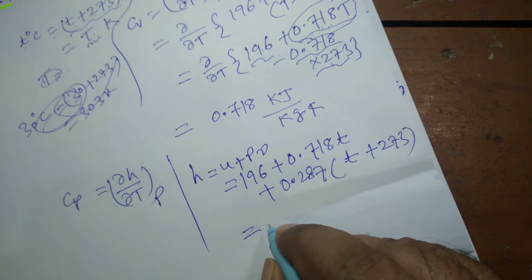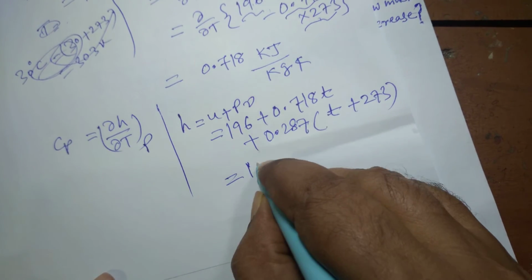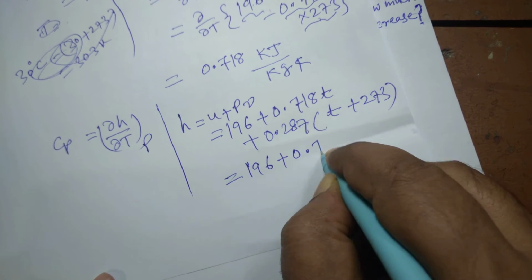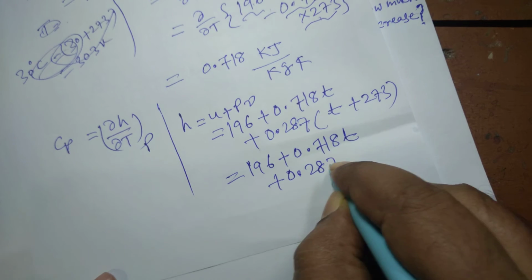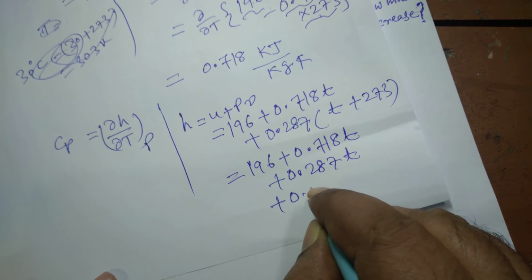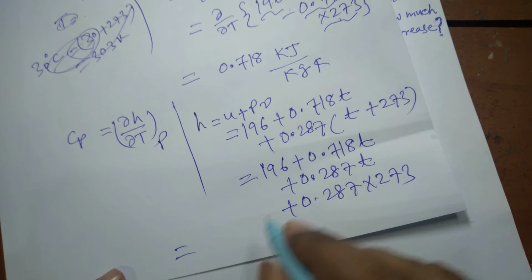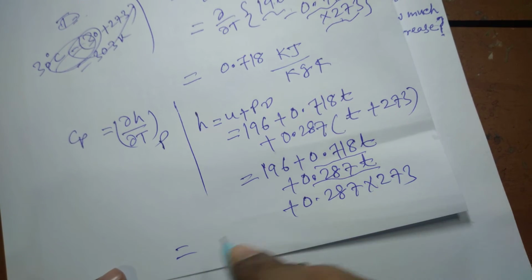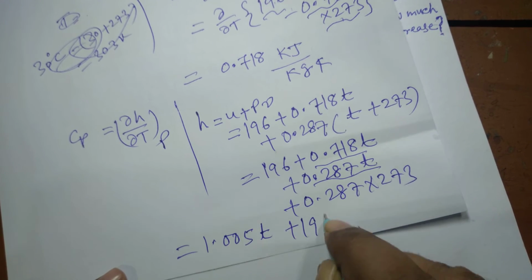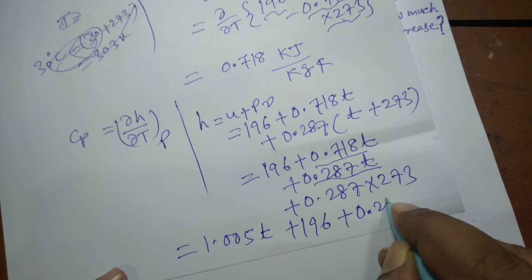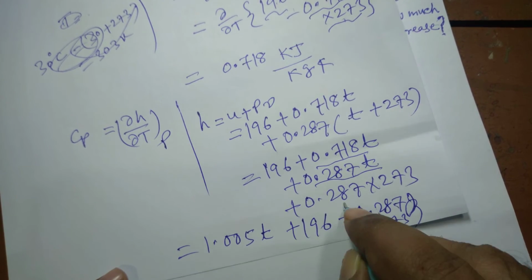If you add all these values, this will come out as 196 plus 0.718 T plus 0.287 T plus 0.287 into 273, and on being added, it is 1.005 T plus 196 plus 0.287 multiplied by 273.